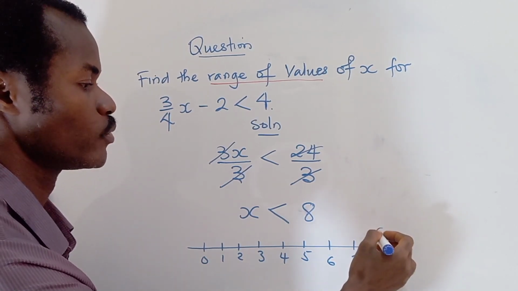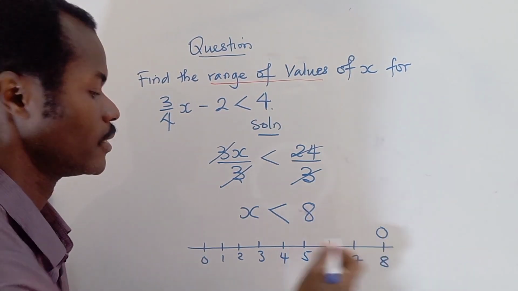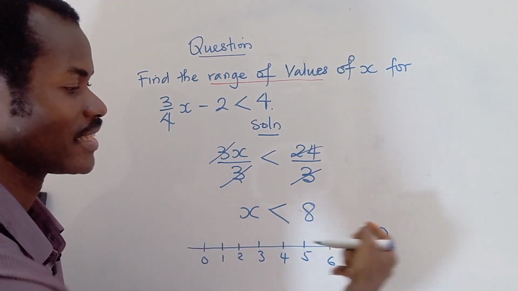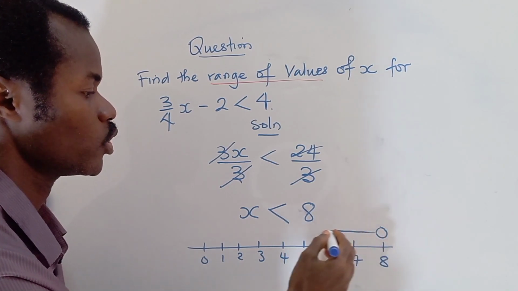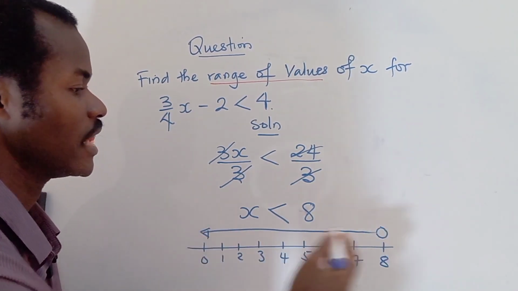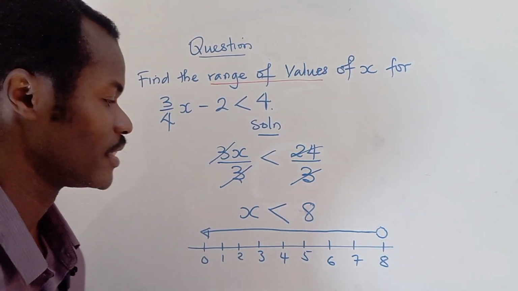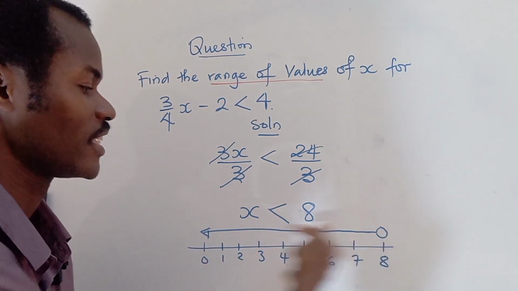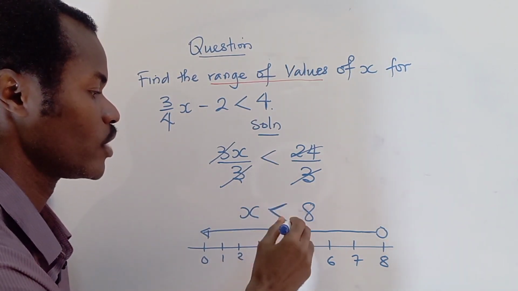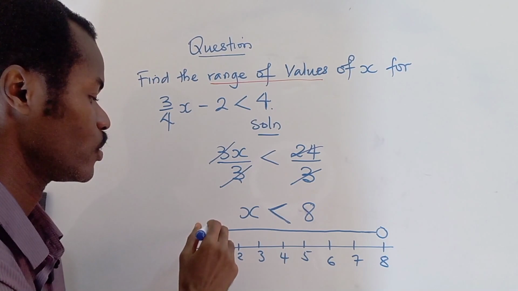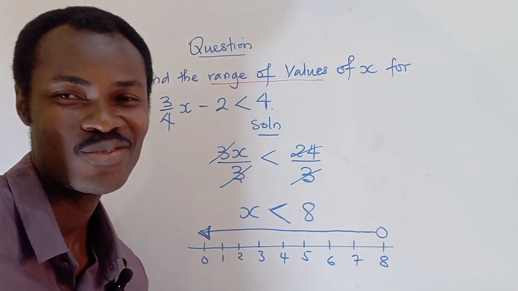Next, you put a circle at that point 8, and you draw the line back because x is less than 8. This drawing represents x is less than 8 on the number line. Remember, less than points this way, so your arrow has to point this way.